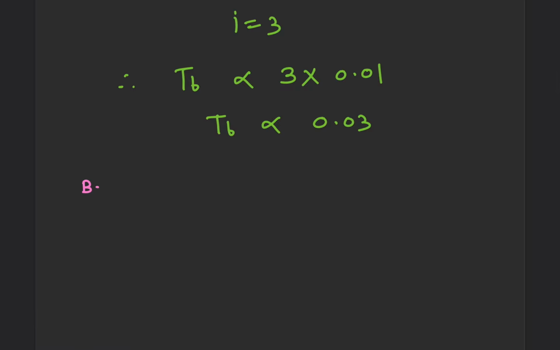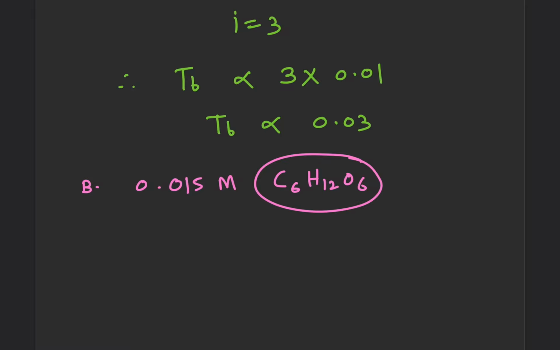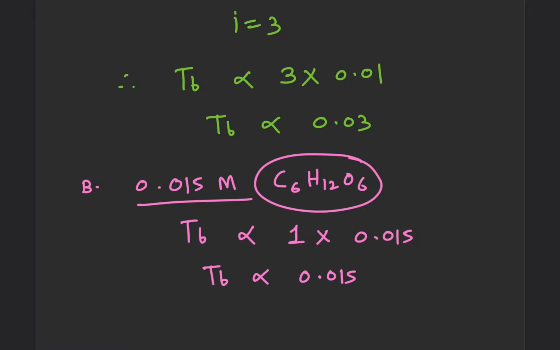Next, option B. In option B, we have 0.015 m C6H12O6. This is glucose, and glucose is a non-electrolyte as we have discussed. For a non-electrolyte, it neither undergoes association nor dissociation. So i will be equal to 1. So therefore TB will be directly proportional to 1 into the molarity, which is 0.015. So TB is directly proportional to 0.015, right?